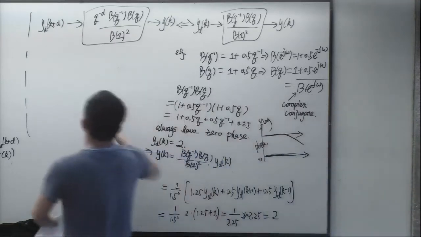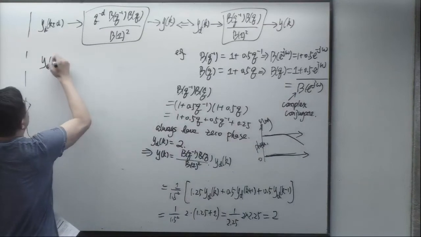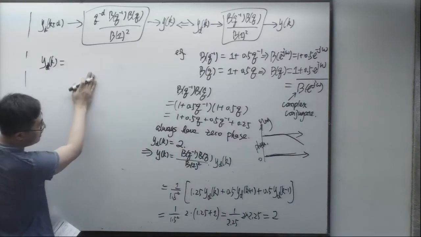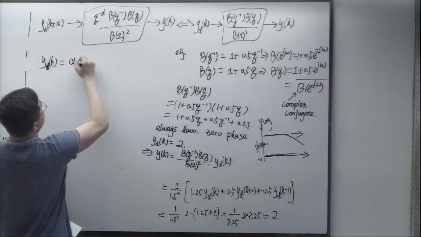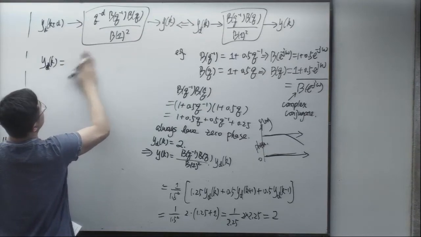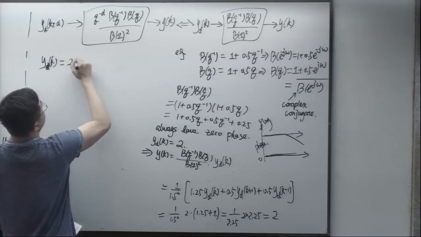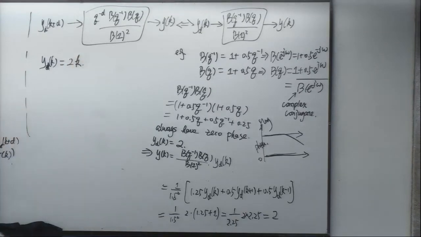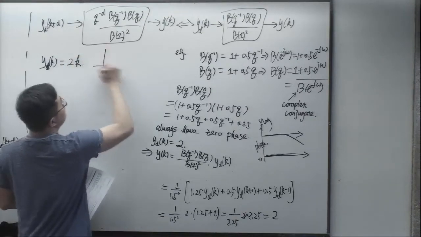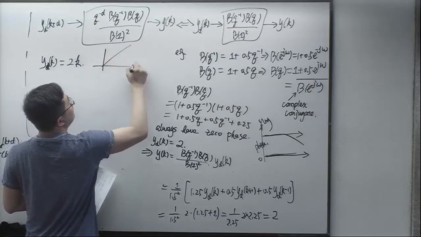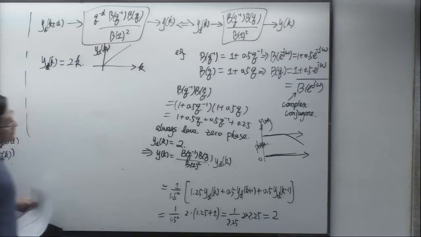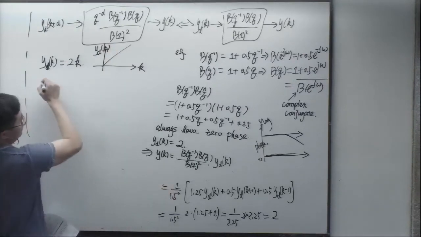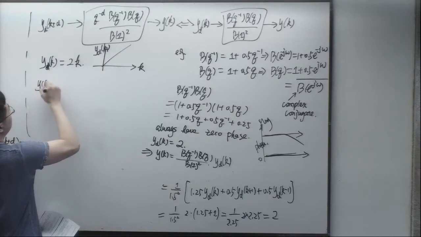Similarly, as another example, if you have, say, a ramp signal, alpha times k, let's make it simple. Let's do 2k. This signal is going up with respect to time. Then you can similarly do the same thing and obtain your output.